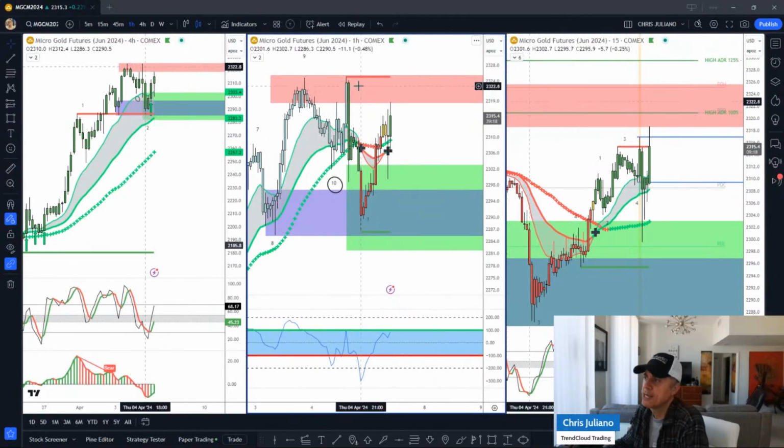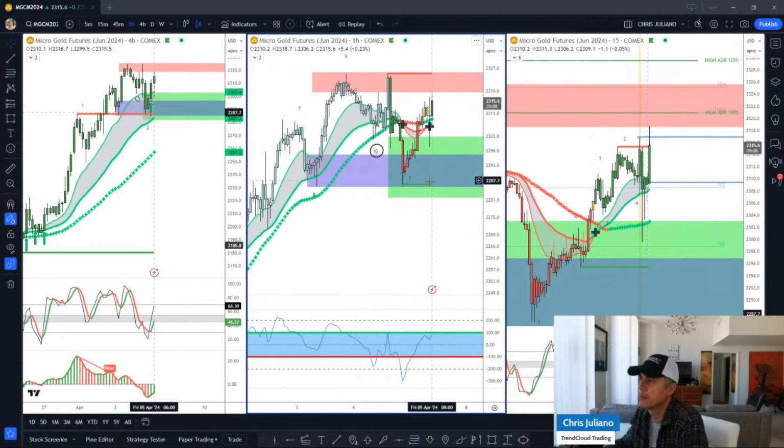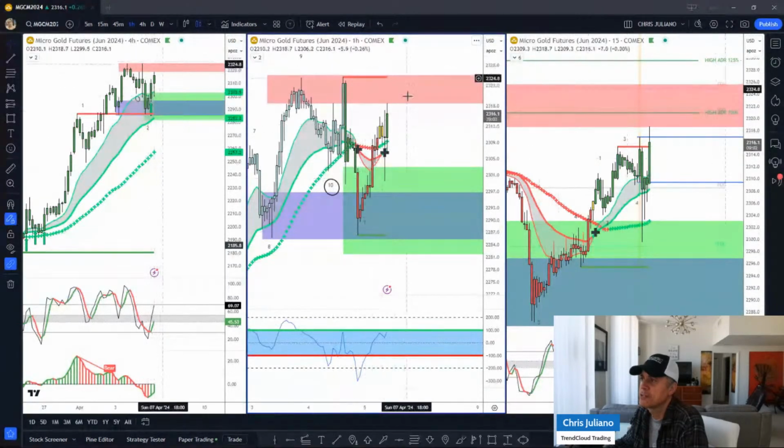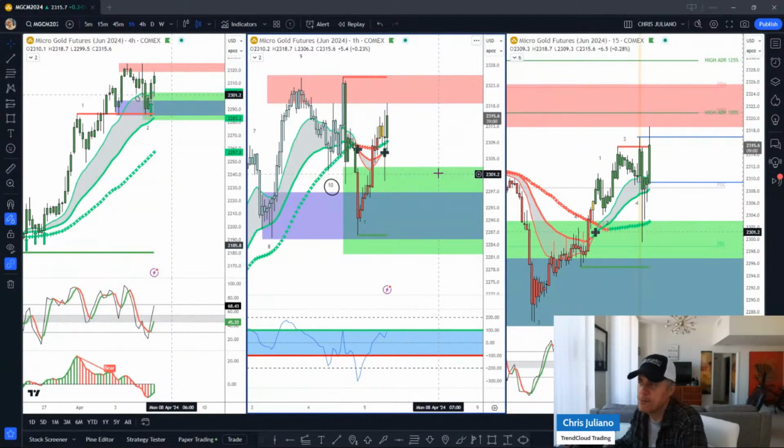We've got a double top on the 1 hour chart, and it pulled down, didn't quite break through this demand zone, right? So with this double top, I predict a sideways movement here for a while.